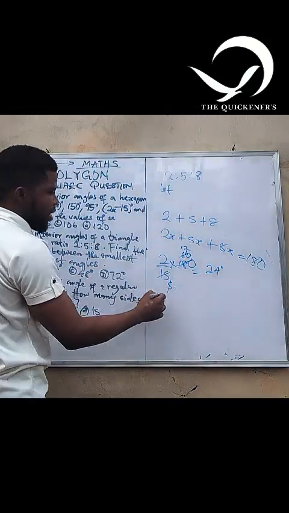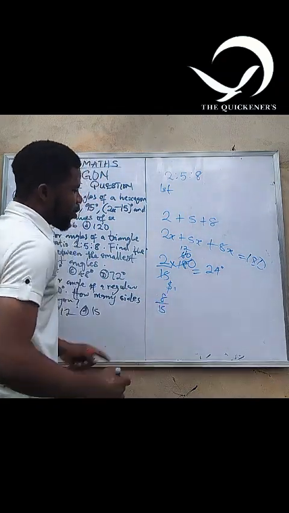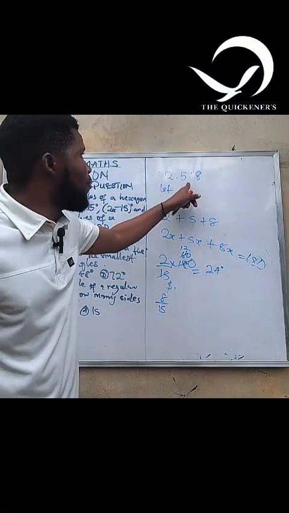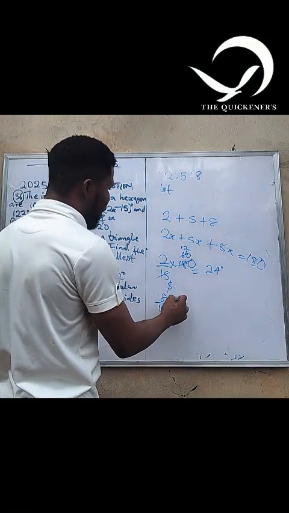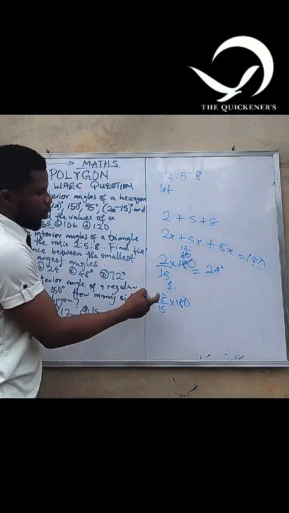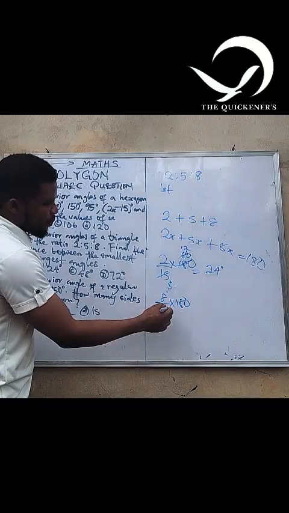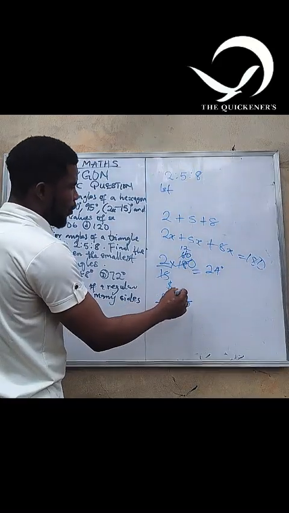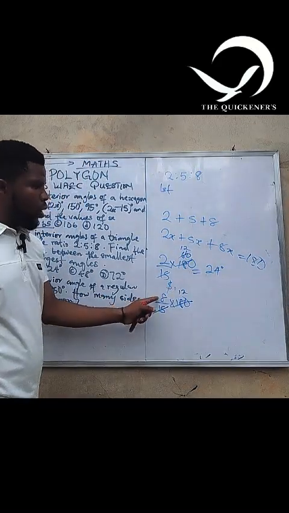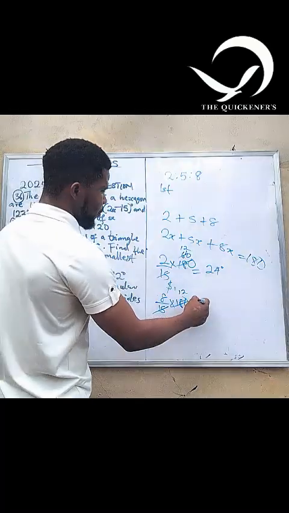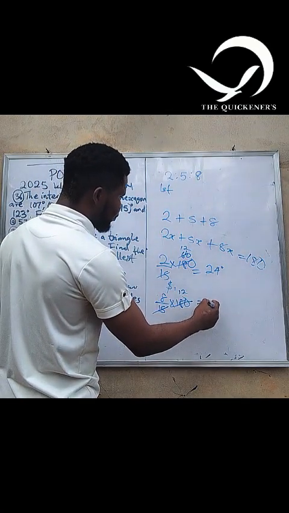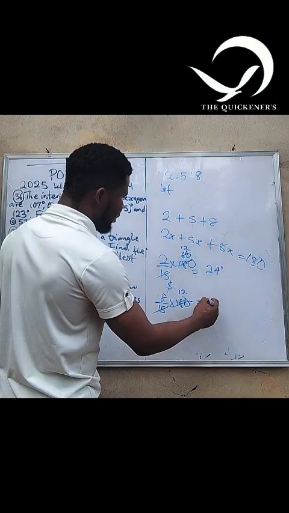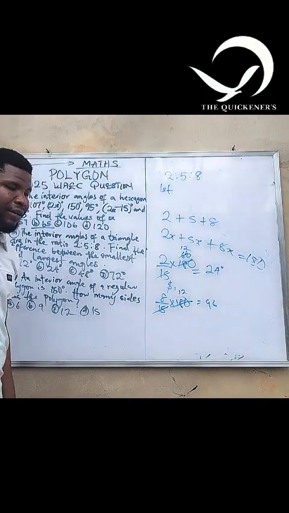Let's go for the biggest angle. That's 8 over 15. Remember, this 15 is the total sum of the ratio. Are you getting me now? So that will be times 180. Like we did, when you divide this, you will have 12, right? So 8 times 12 will give me 96 degrees.